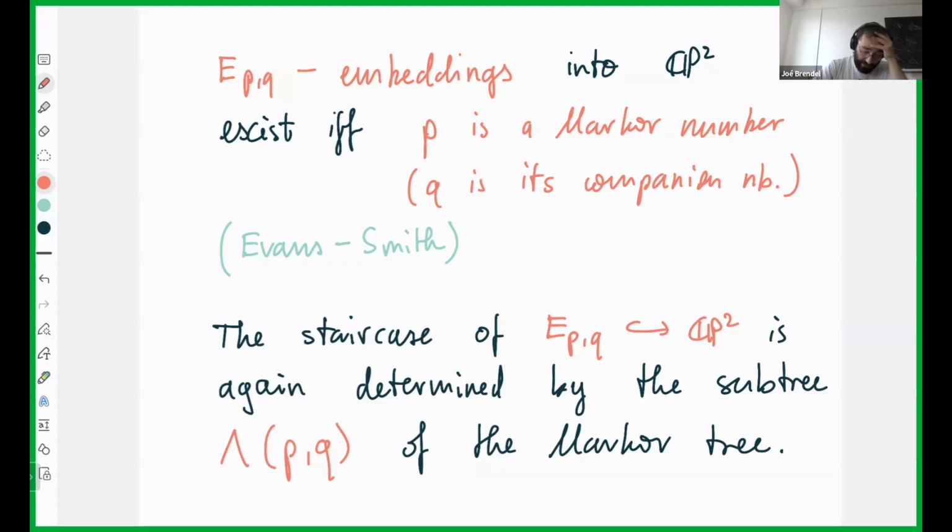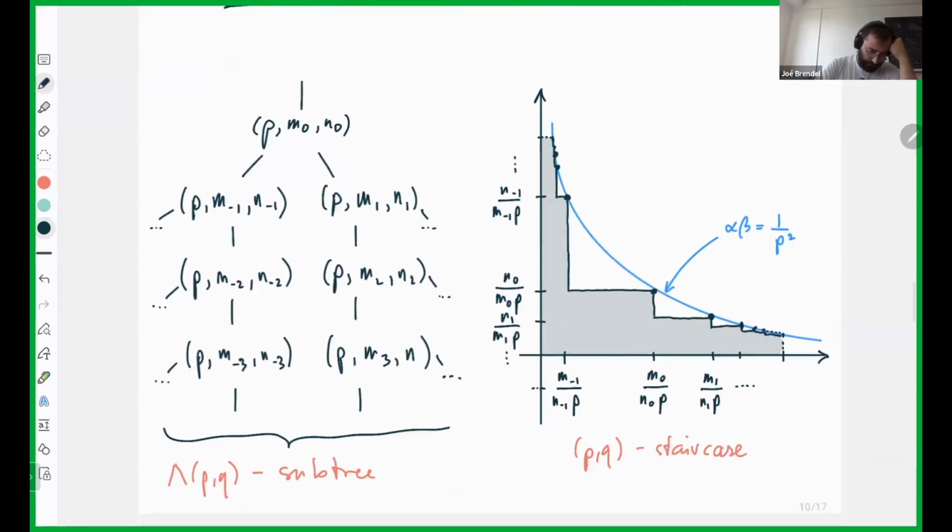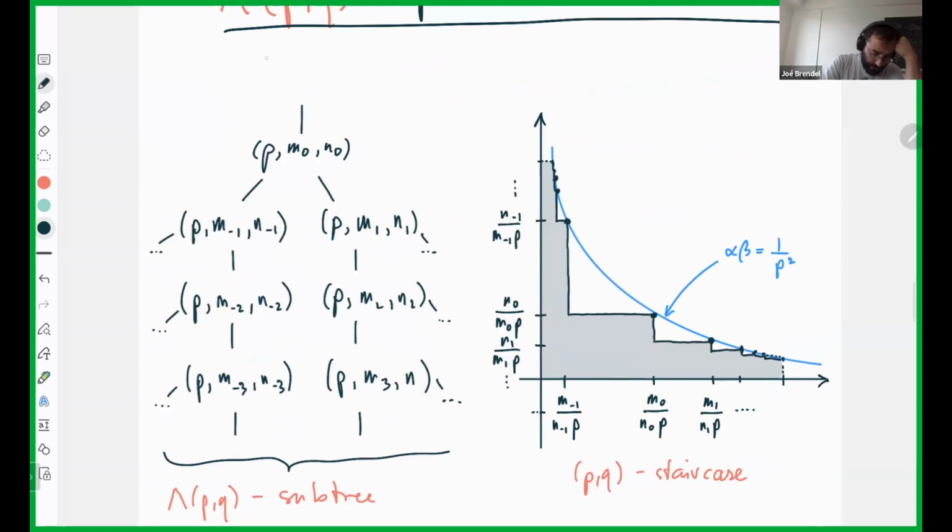But in the case that it makes sense, the staircase coming from these ellipsoid embeddings is again determined by a subset of Markov numbers, which I call lambda PQ. And the way to view it is, you have this huge tree starting at 1, 1, 1.